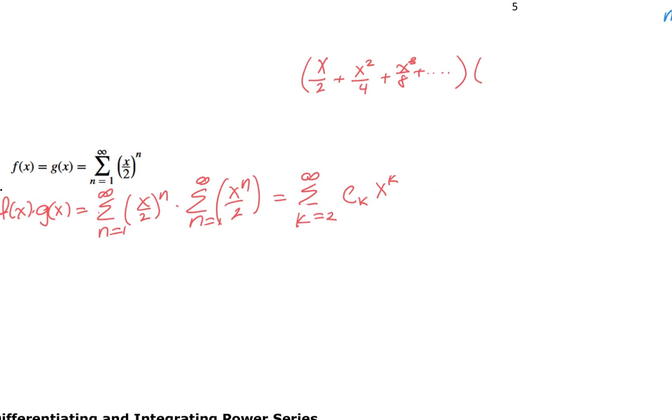My g of x would be x over 2 plus x squared over 4 plus ... When you multiply these two, your first term would be x squared over 4. So in other words, because my first term would have been x squared, not x to the 1, I need to start here. My index needs to start at 2. That's why I have x to the k starting at 2. That's why the index starts at 2 here.